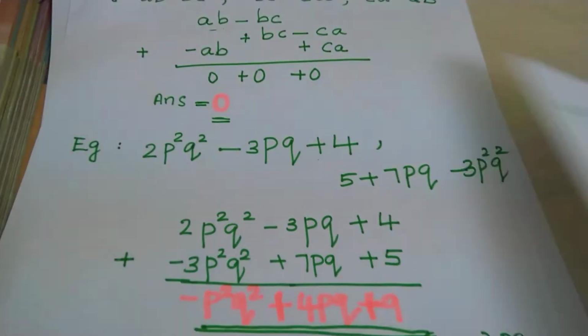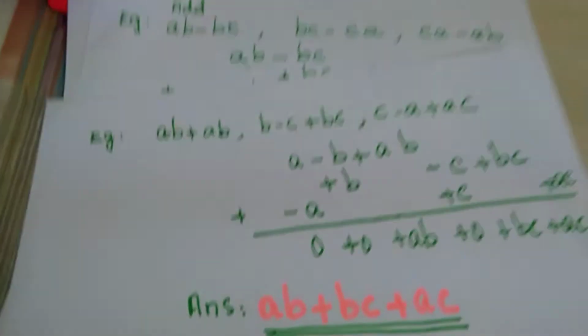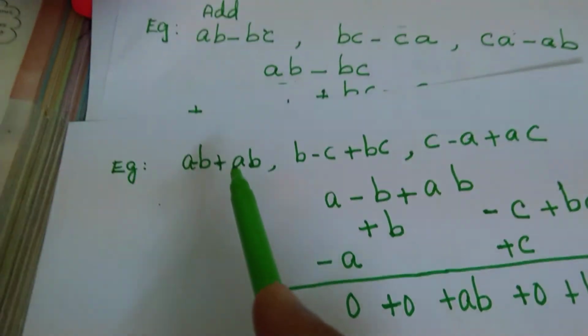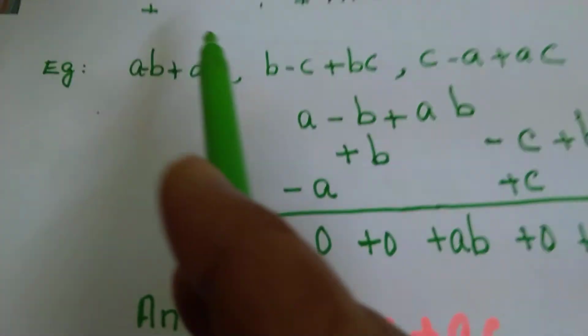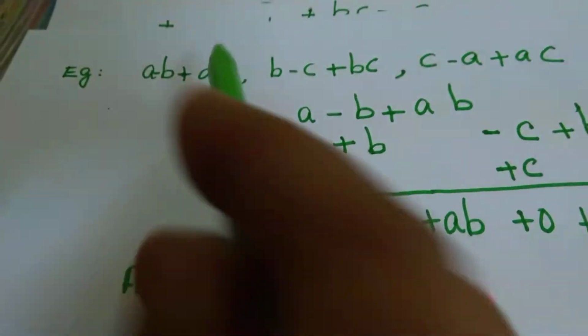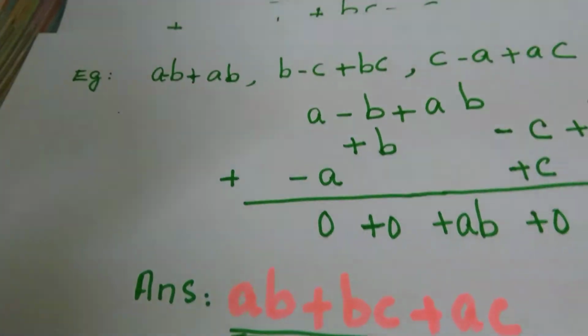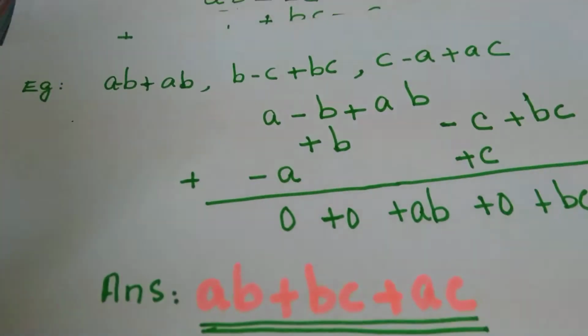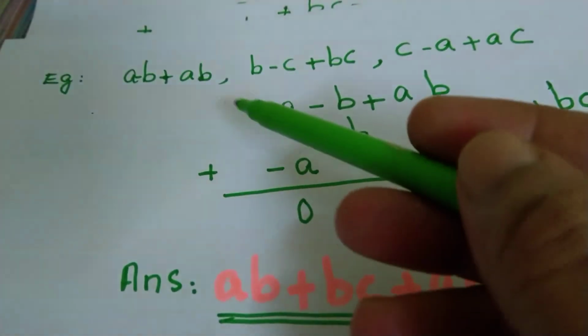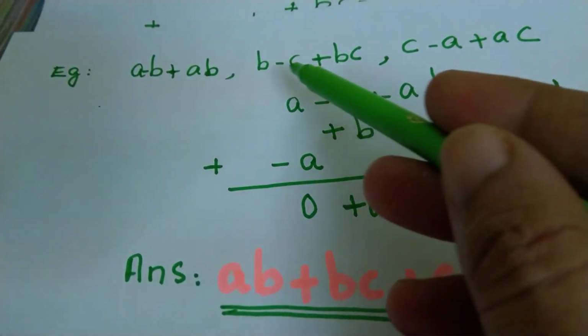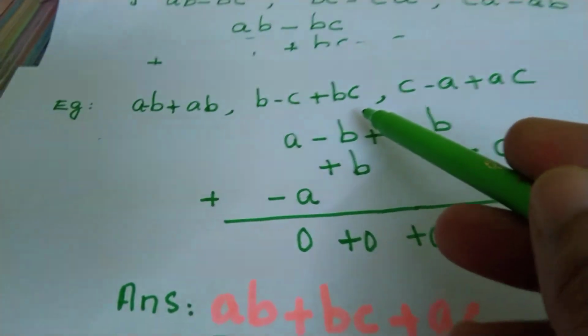Now we can move to the third example. The expressions given here are a minus b plus ab. The next expression b minus c plus bc.